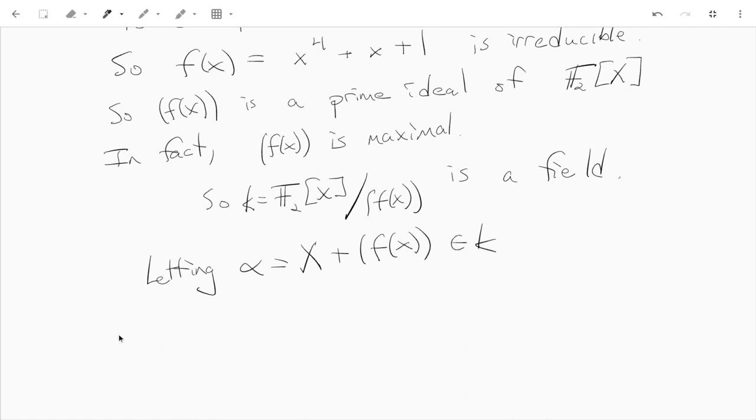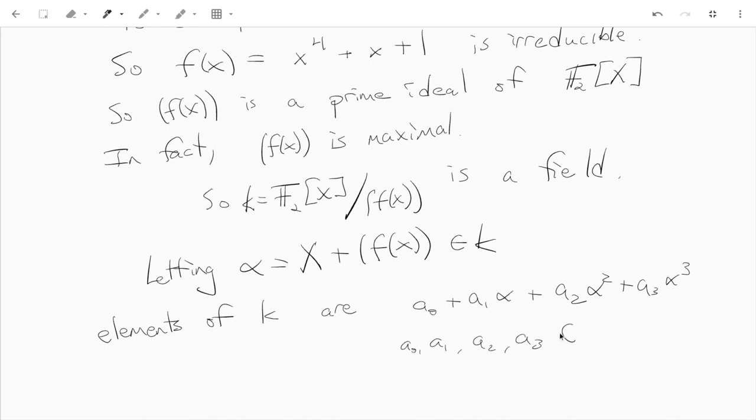We have that elements of K are like a0 plus a1 alpha plus a2 alpha squared plus a3 alpha cubed, where a0, a1, a2, a3 are in the field of two elements. And now how many possibilities for the elements of K are there?